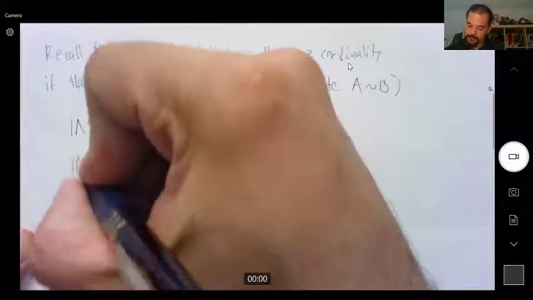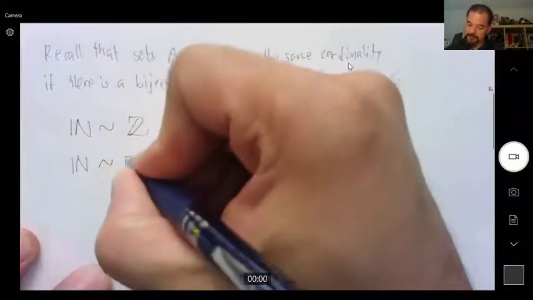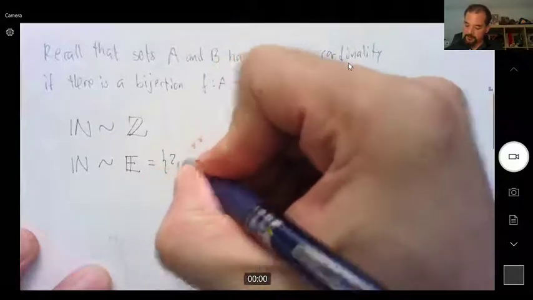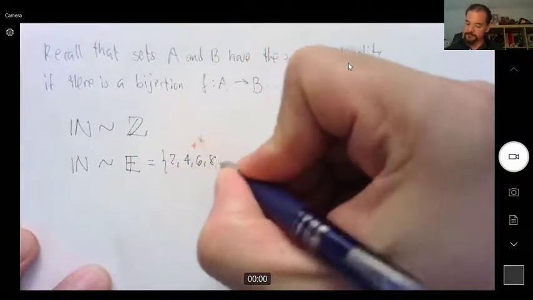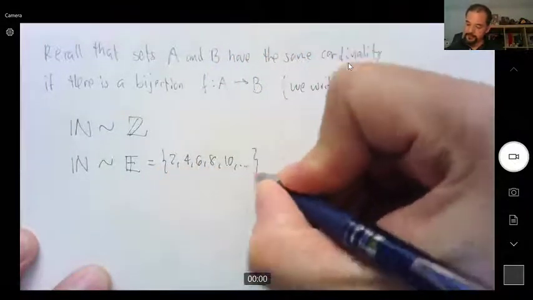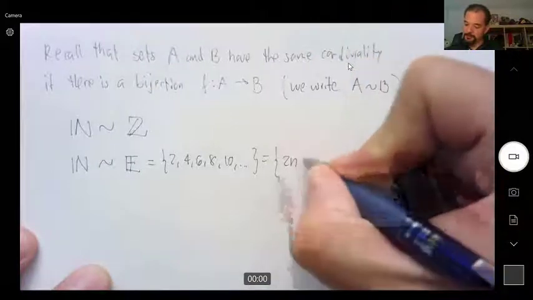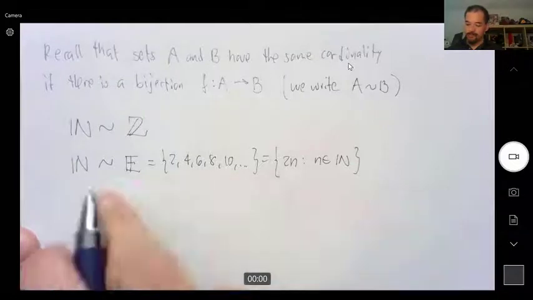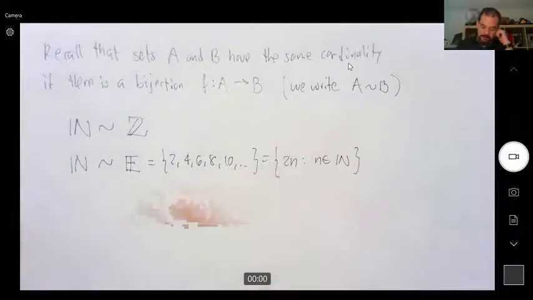The natural numbers have the same cardinality as the one we define E, which is the even positive numbers. More precisely, the 2n's, such that n ranges over the natural numbers. These two sets have the same cardinality. And so that's where we left it behind.